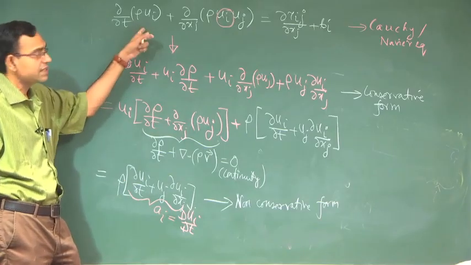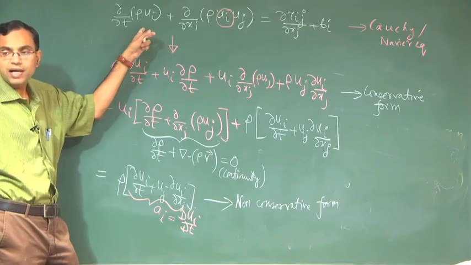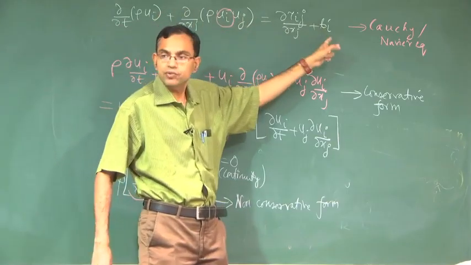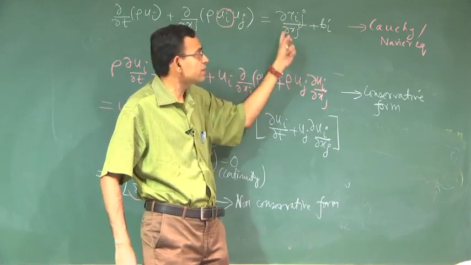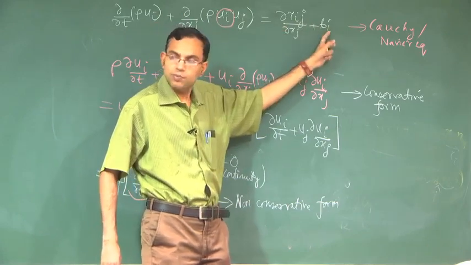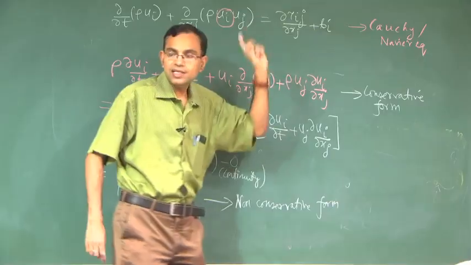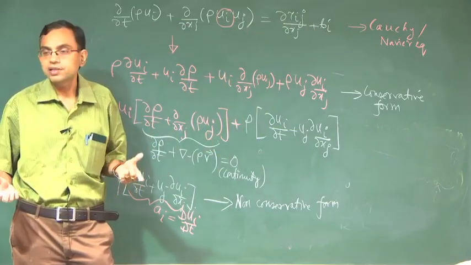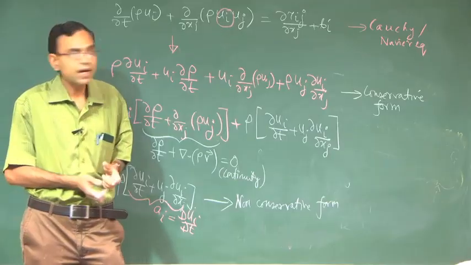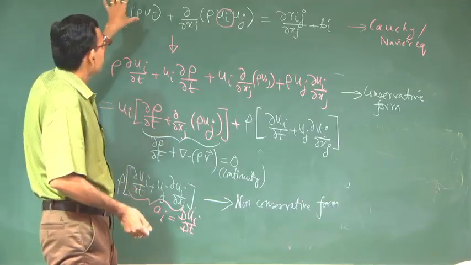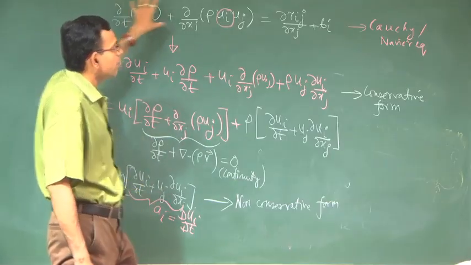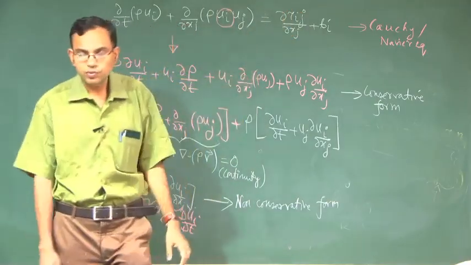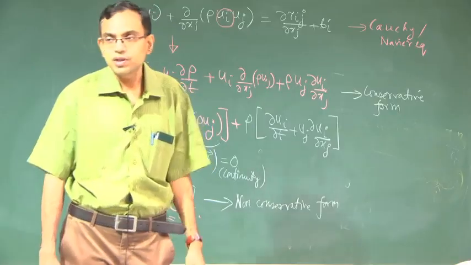So, this left hand side therefore is mass into acceleration per unit volume, and right hand side is force per unit volume. One is surface force per unit volume, another is body force per unit volume. So, this is essentially Newton's second law written in Eulerian coordinates, nothing more than that, where this is mass into acceleration per unit volume, this is force per unit volume. With this little bit of note, we stop here and we will continue in the next lecture.